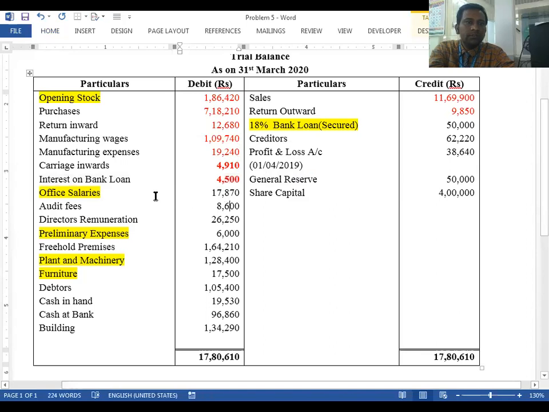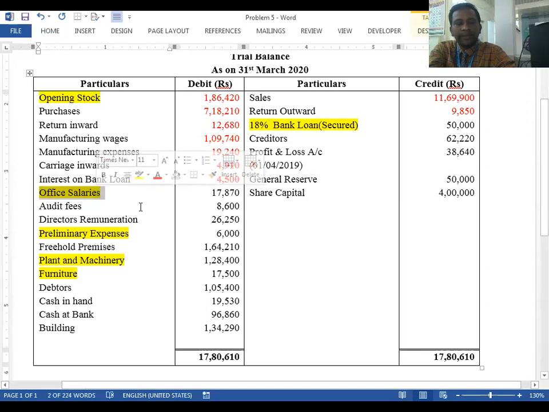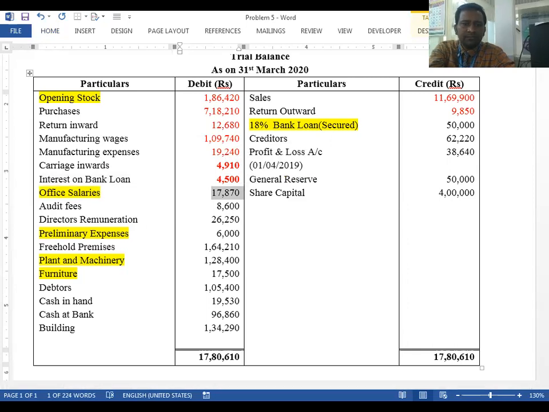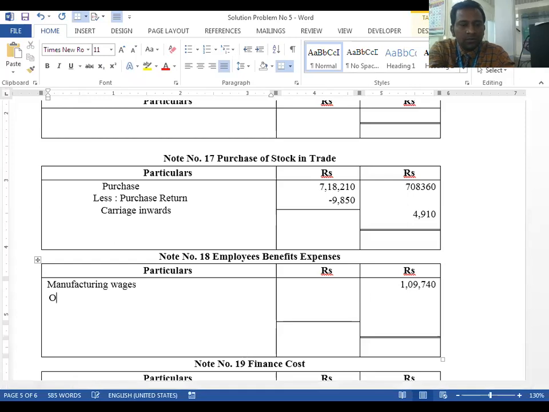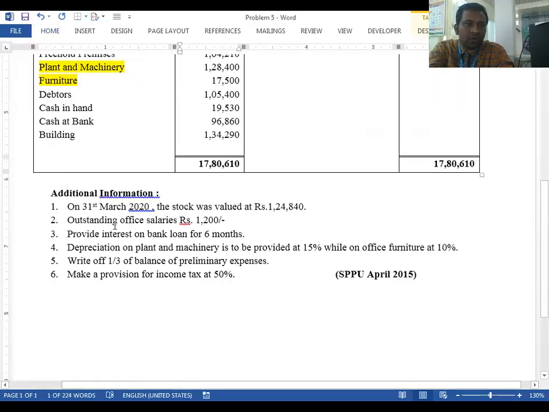Then office salary. Office salary is an employee benefit expense, so it is transferred to employee benefit expenses. But there is one adjustment related to the office salary: there is an outstanding balance. See here, outstanding office salary of rupees 1,200.